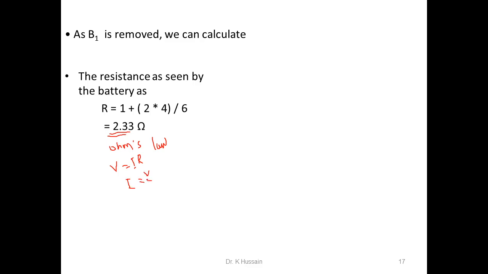V is given as 7. So 7 by 2.33. How much will you get? Just see here, I have already calculated, that is 3 amperes. Okay, in this way you have to find.